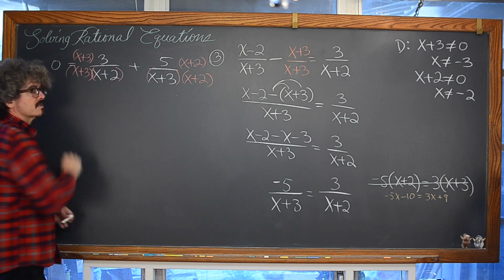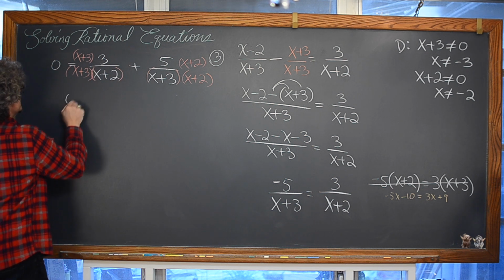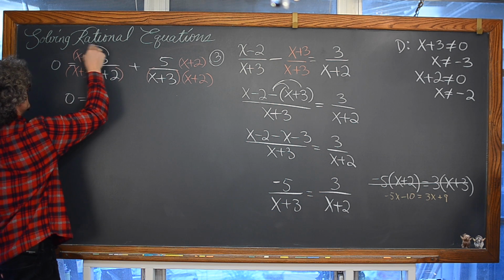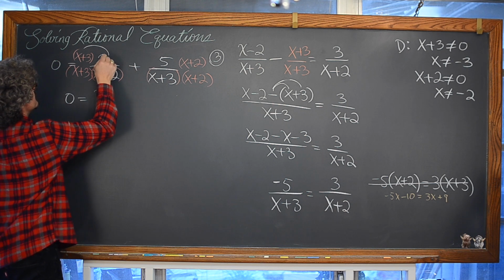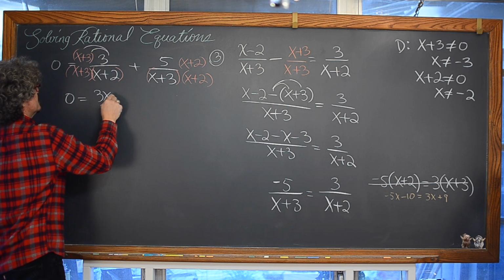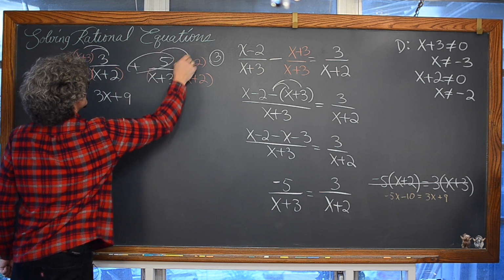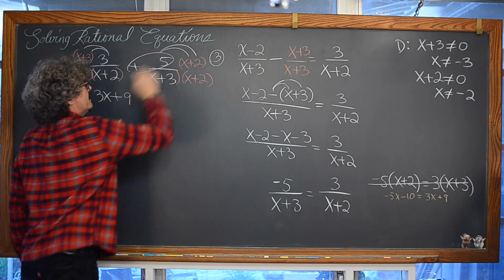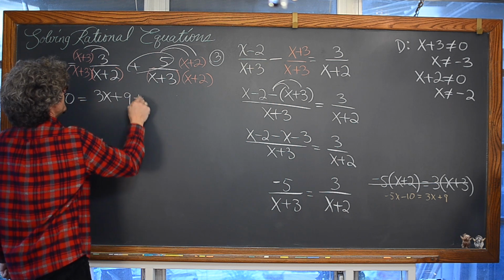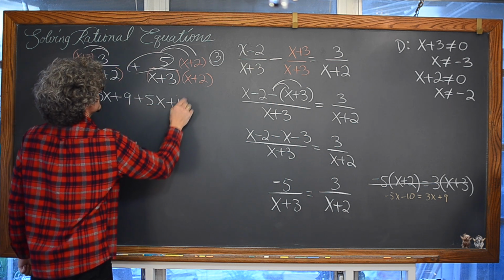And that's going to be 0 is equal to 3 times x is 3x, 3 times 3 is going to give us a plus 9. And then positive 5 times x and then times 2 is going to give us a plus 5x plus 10.